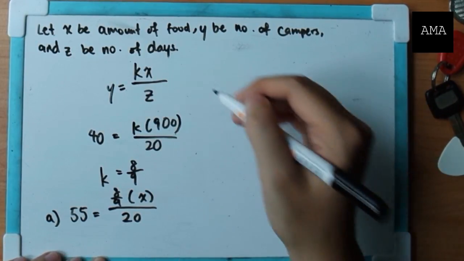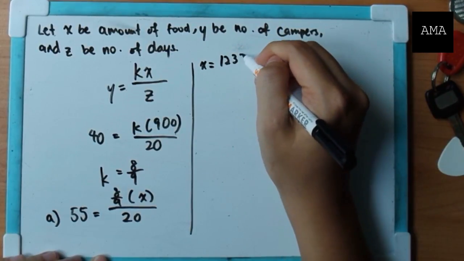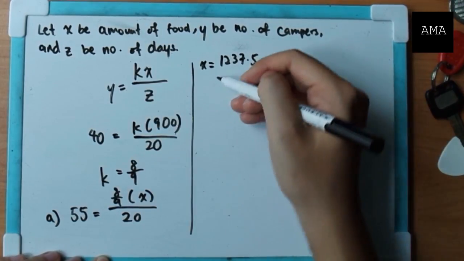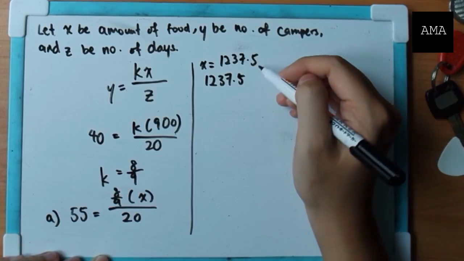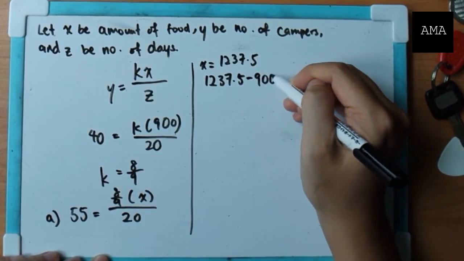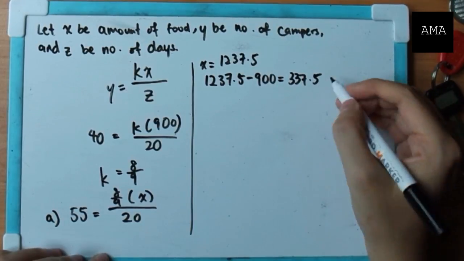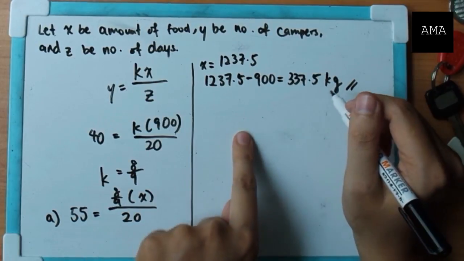After some calculation, x you should get 1237.5. So don't be afraid, just solve the question. Of course this is not the answer, you have to minus 900, right? You should get 337.5 kg. Okay, so this is the answer to A.